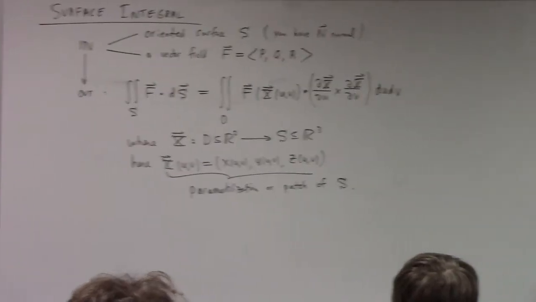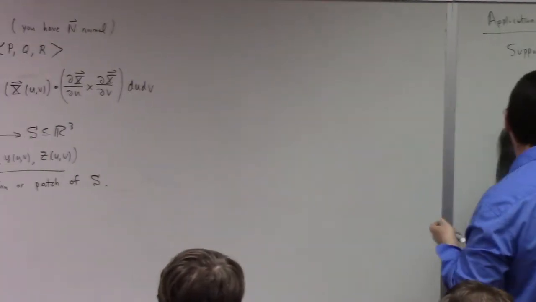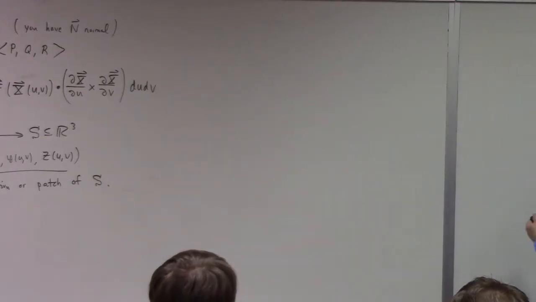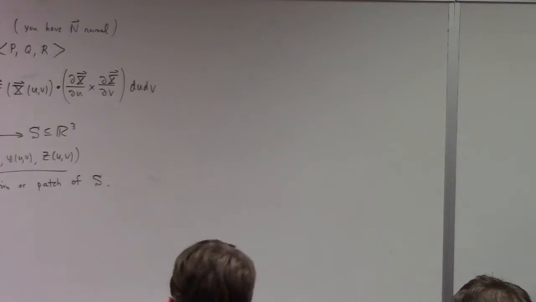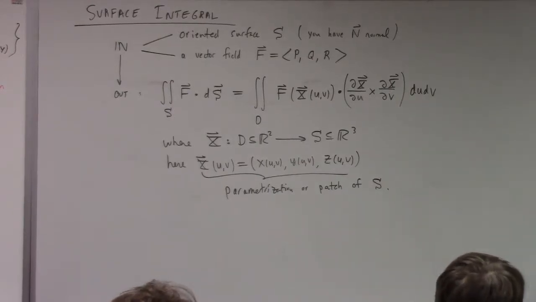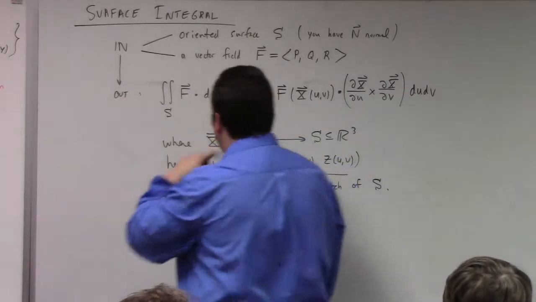What's your question, Sam? I was just wondering, why did you write f dot dS rather than f dot dn? dS is the infinitesimal surface area element. Well, vector surface area element, I should say. For the line integrals, we would call the curve C, but then we said f dot dr. I don't know. It's just notation. Depends on the book you read.